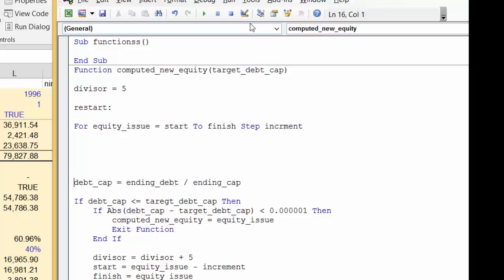Now I thought, oh my God, the ending capital better be not equal to 0. Okay, then we do this.